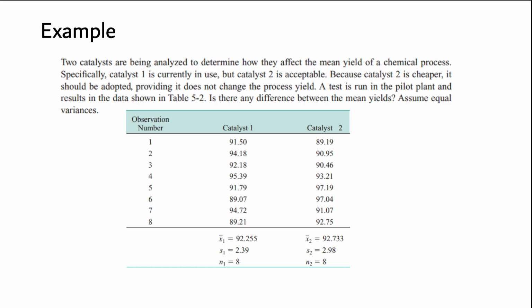What we want to know is: is there any difference between the mean yield when we use catalyst 1 and when we use catalyst 2? Here, because we haven't studied the F-test, we can assume equal variance. So we go for case 1 calculation.